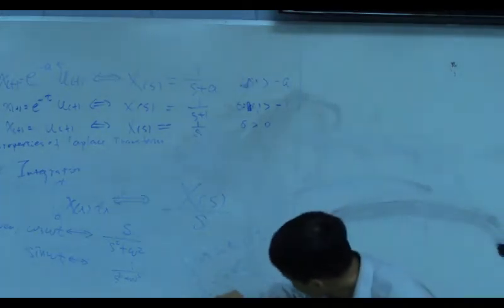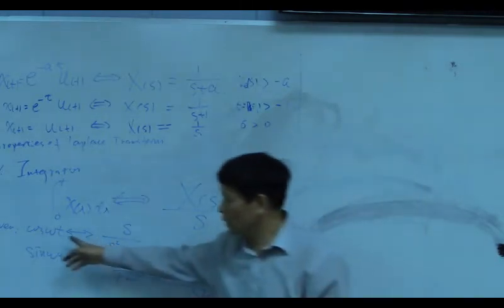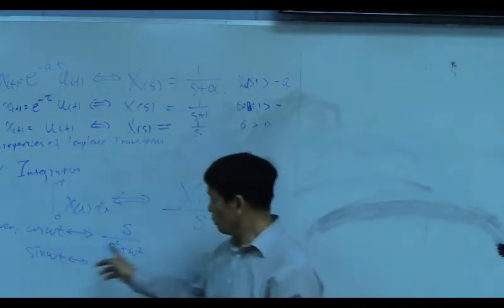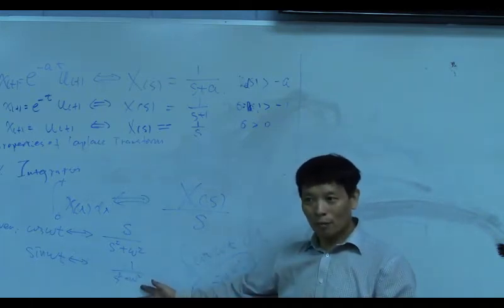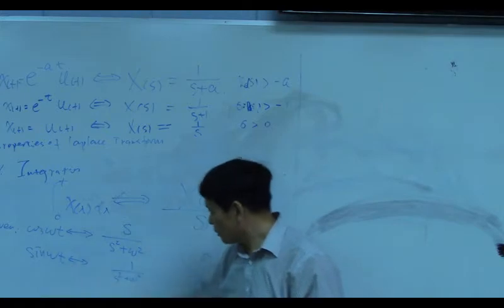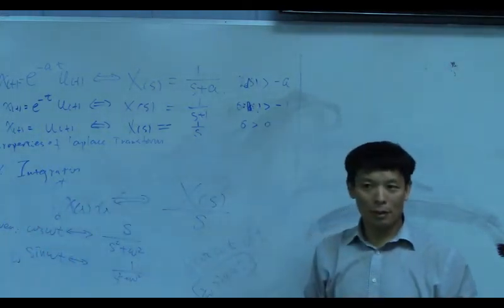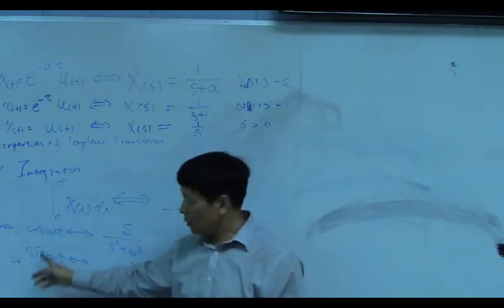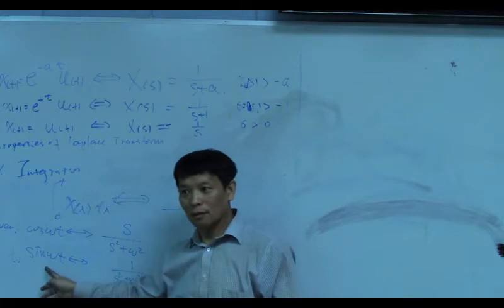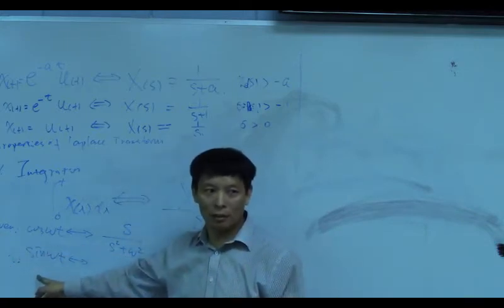So this part gives us this one. Because we do the integration here, this one divided by s, we get this one. Cosine omega t integration equals not sin omega t, but 1 over omega times sin omega t.